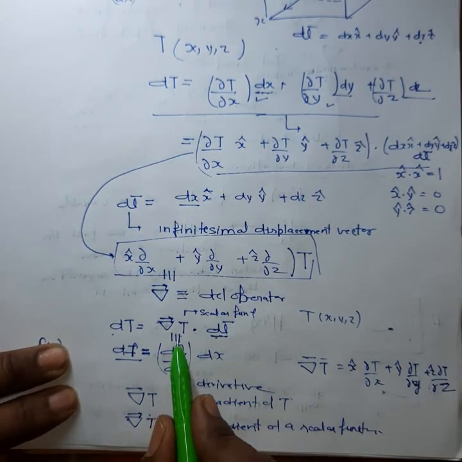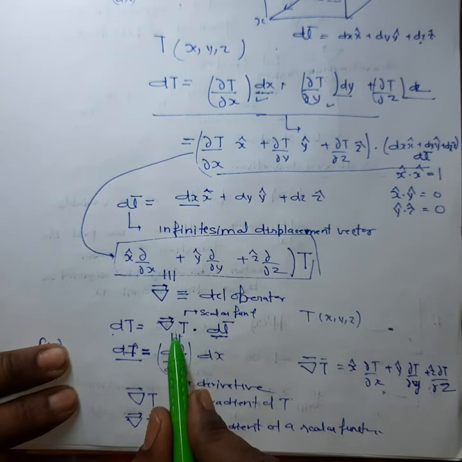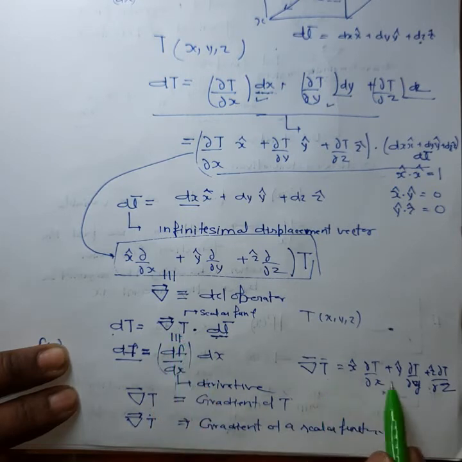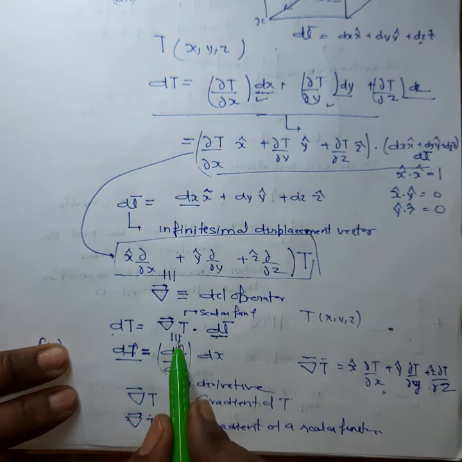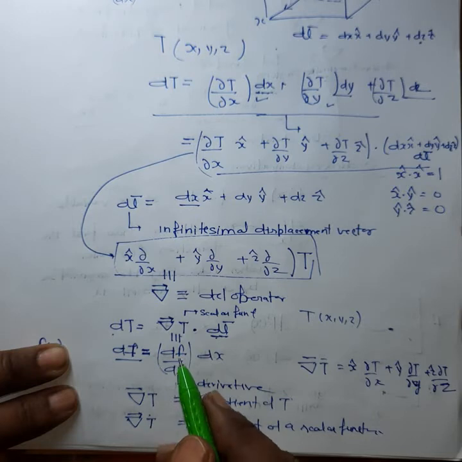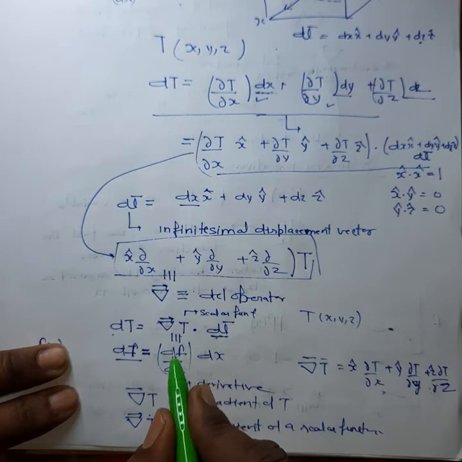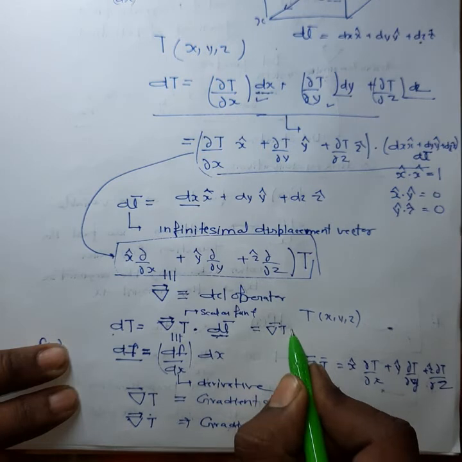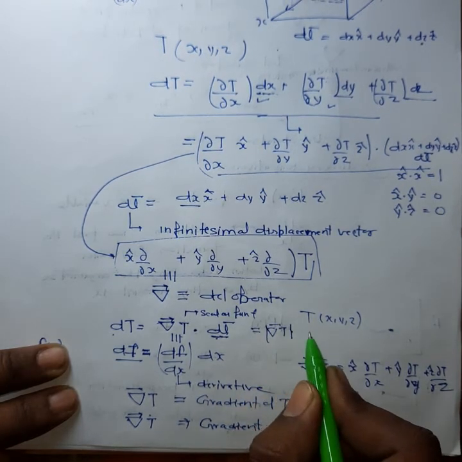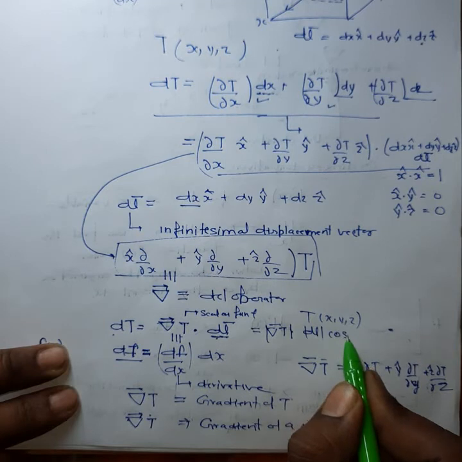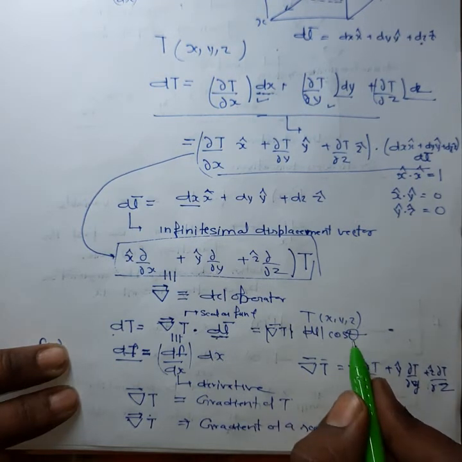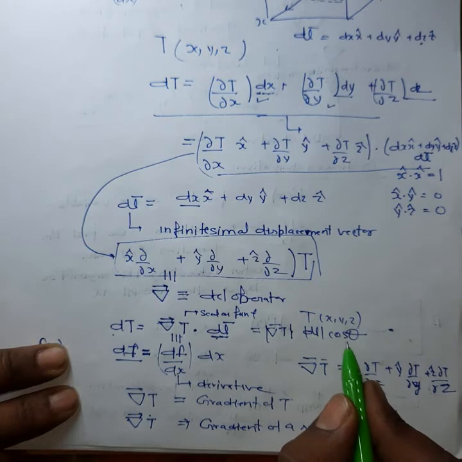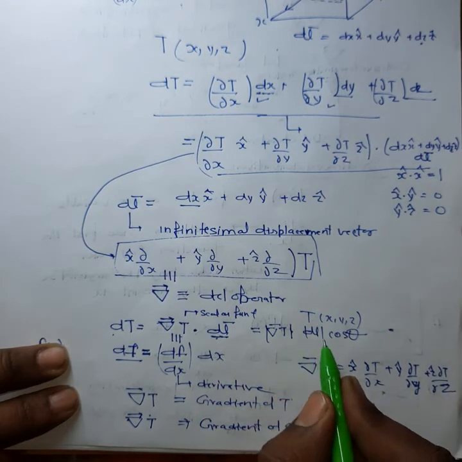Like any vector, the gradient has magnitude and direction. In order to understand its geometrical meaning, you can write it as del T vector dot dl, which is the modulus of del T times the modulus of dl times cos theta, where theta is the angle between the gradient of T and dl.